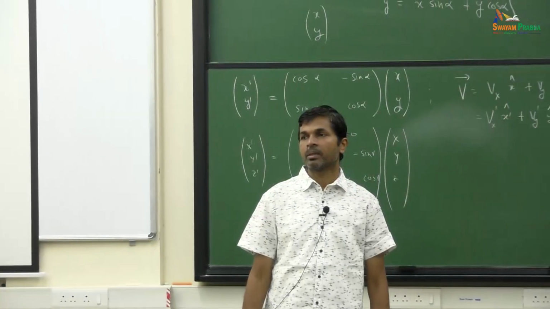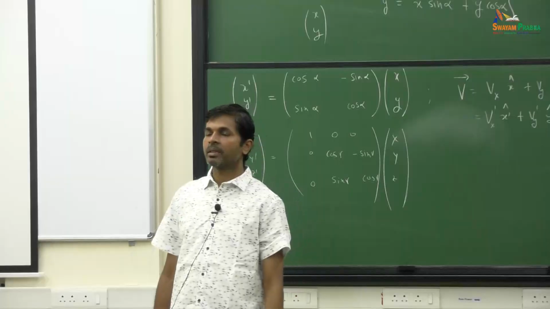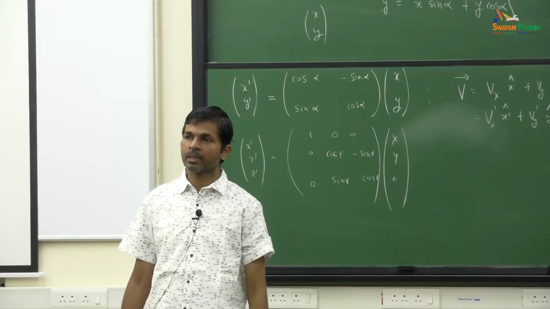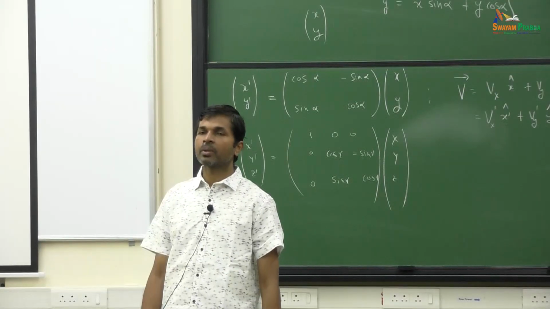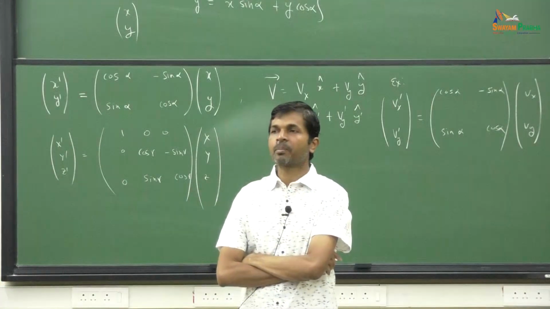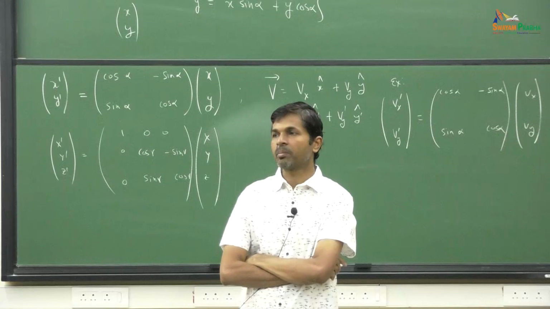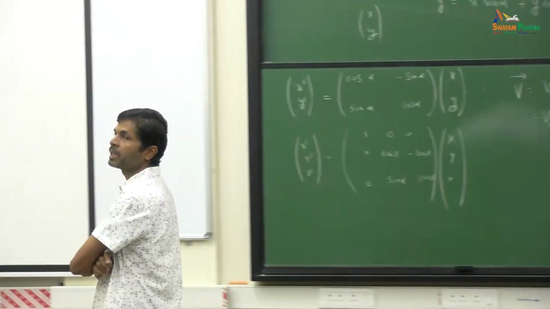Sir, if this is the original 3D plane, and if I do it like this. Yeah, you can change the origin. What I am saying is, if you do not shift the origin, then there are three independent ways. You can have an arbitrary rotation, but any arbitrary rotation in 3 dimensions can be described in terms of 3 parameters.